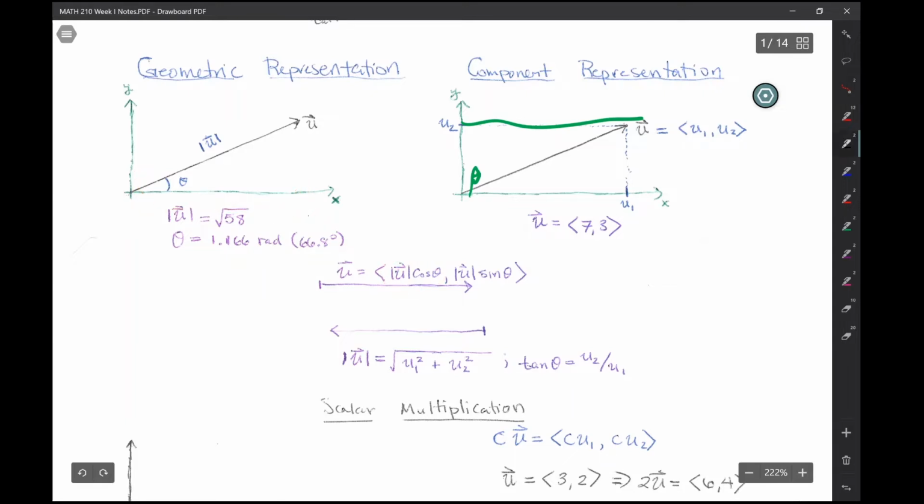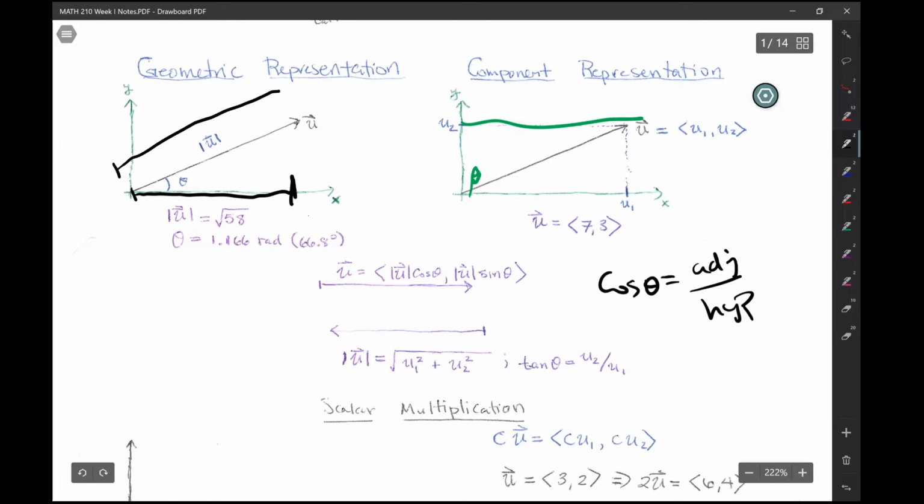Why? Because cosine theta is adjacent over hypotenuse. That would give us what's adjacent, which is right here, all over the hypotenuse, which is the length of the actual vector.